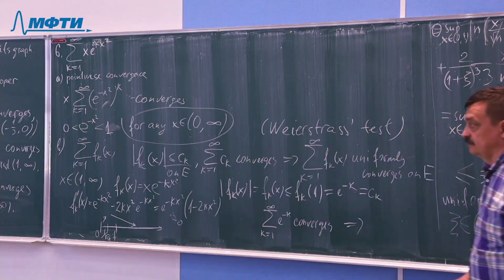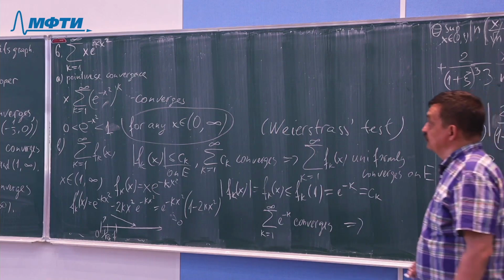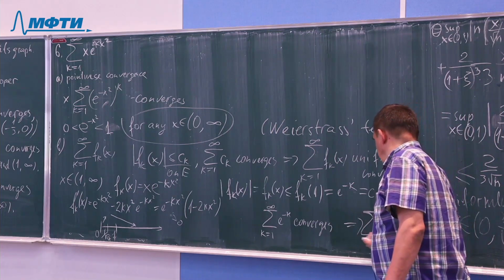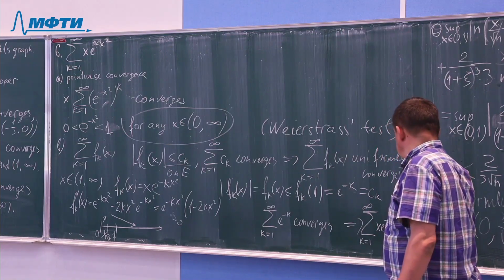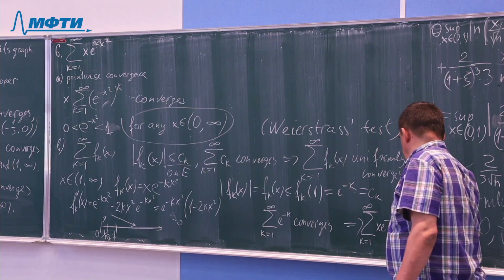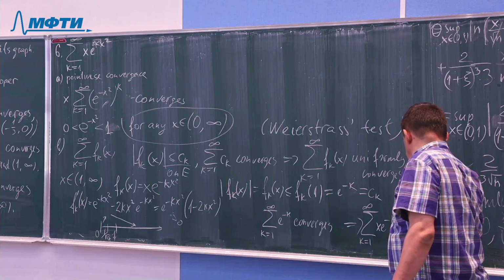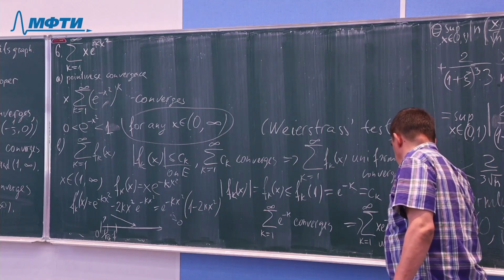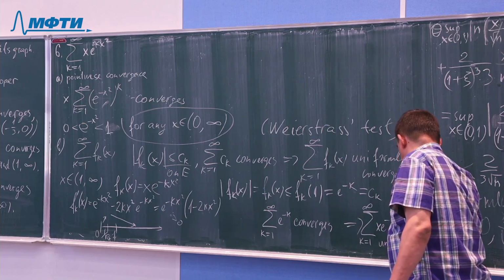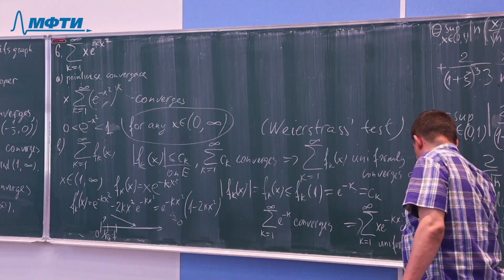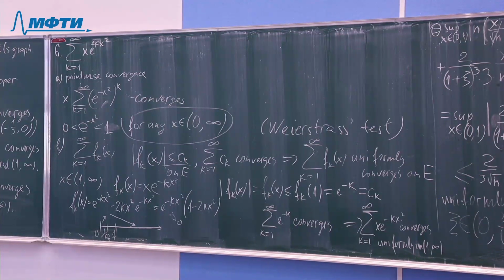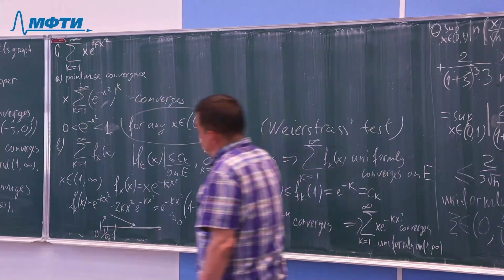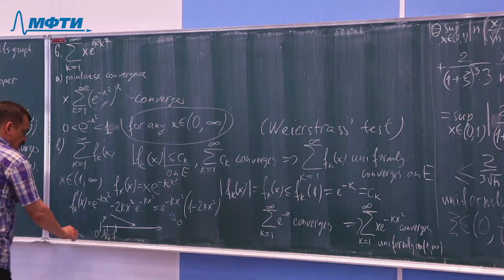Hence, our series x e to the power minus kx squared converges uniformly on 1 to infinity, using the Weierstrass test. Okay? That is relatively simple.